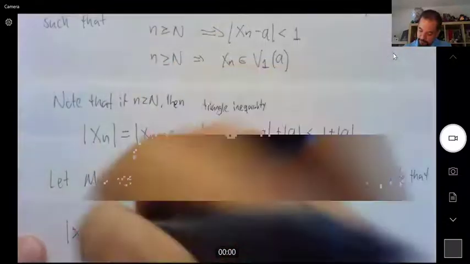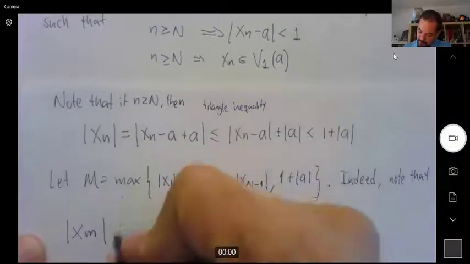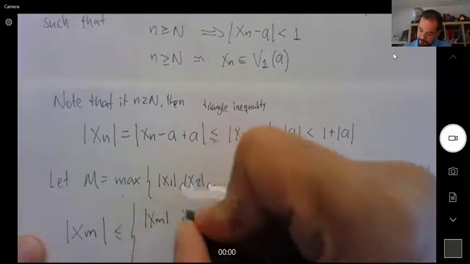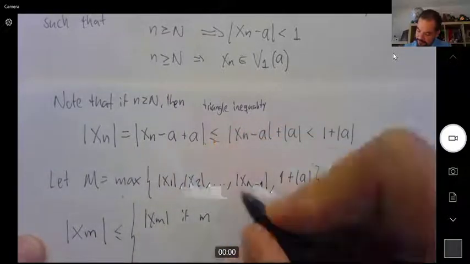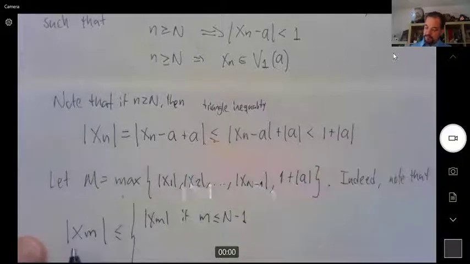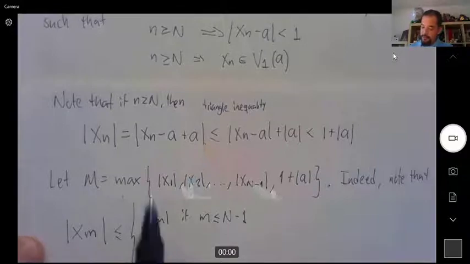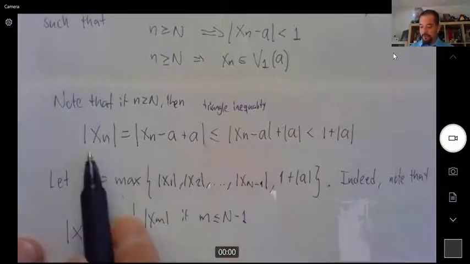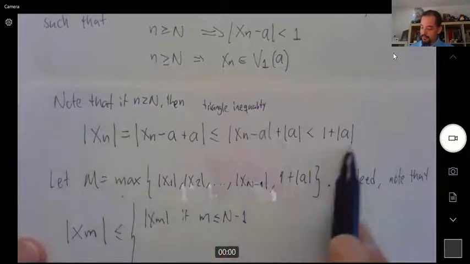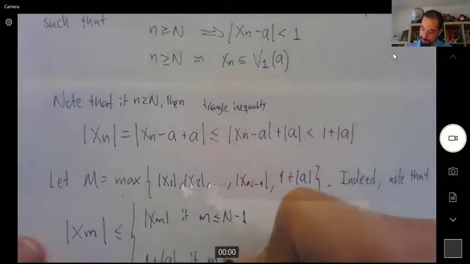This is going to be less than or equal, well, itself, if m is less than or equal n minus 1. So if it's one of the first few, I'm just going to use itself. And if it's not one of the first few, then I can use my inequality right here on top. It means the little m is bigger than capital N, and then it's bounded by 1 plus a.